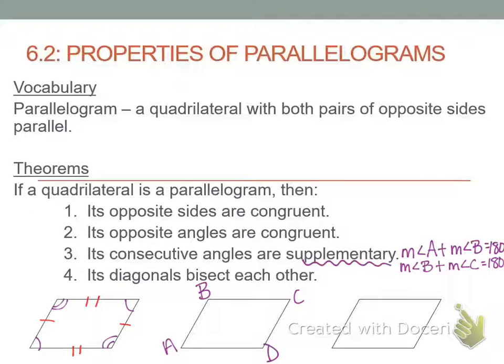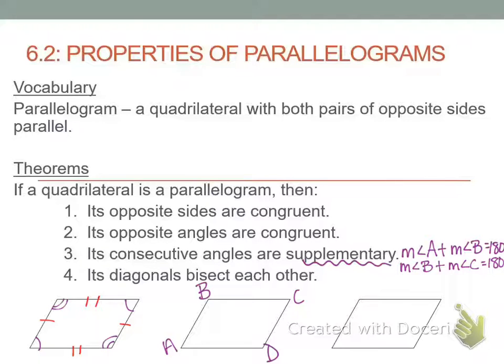Questions, concerns about that property? Okay. The last one, I'll go ahead and use that same diagram since the logo cuts into my last parallelogram. The diagonals bisect each other.